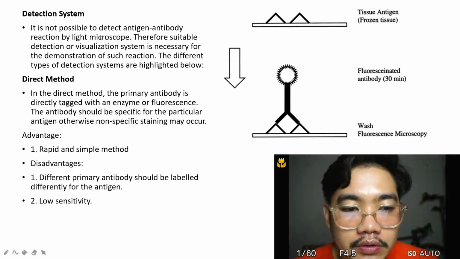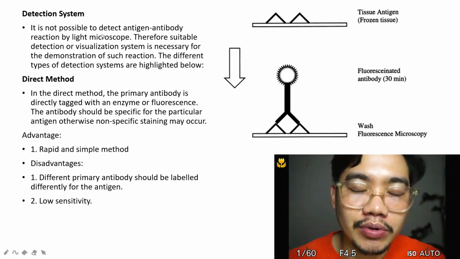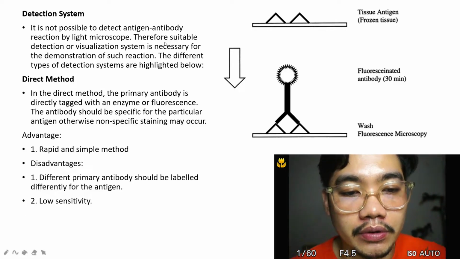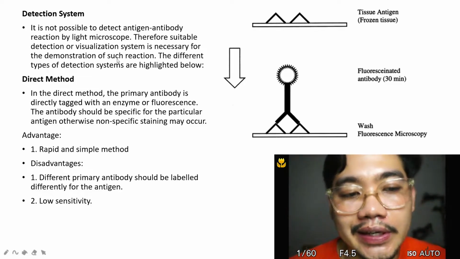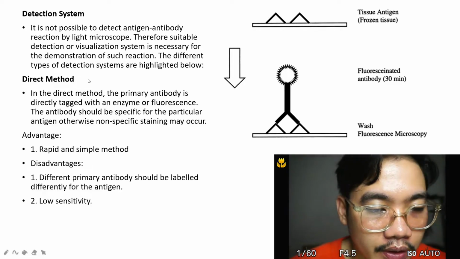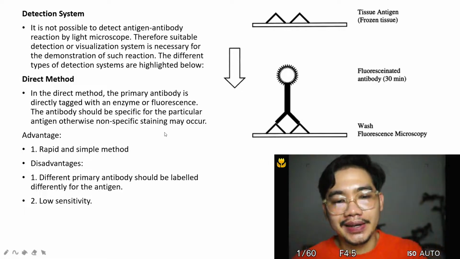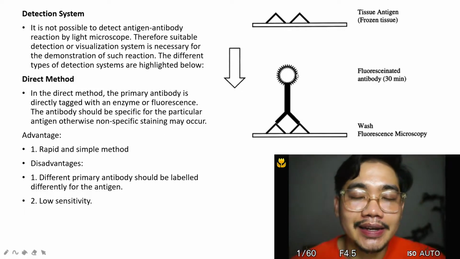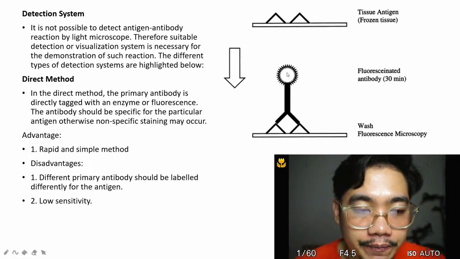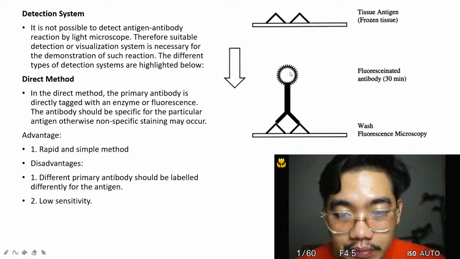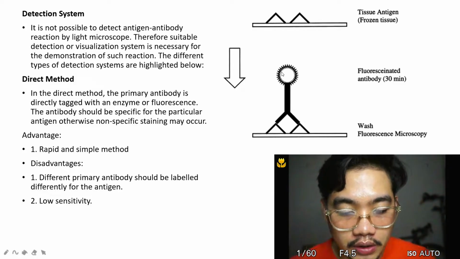For the detection system, it is impossible to detect an antigen antibody reaction by light microscope. So therefore we really need a visualization system. In the direct method, the primary antibody is directly tagged with the detecting marker, which is your fluorescein or your enzyme.